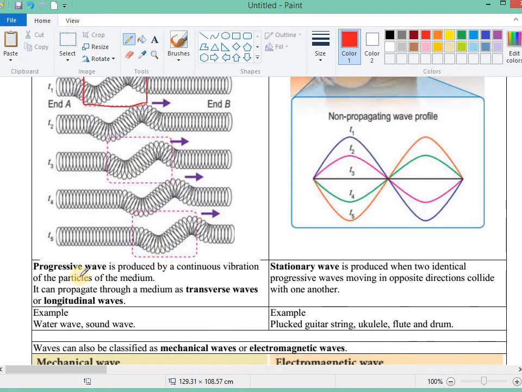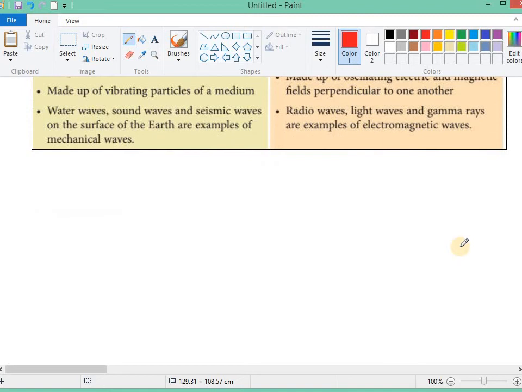Okay, and then progressive wave can propagate through a medium as transverse wave and longitudinal wave. That means like this.